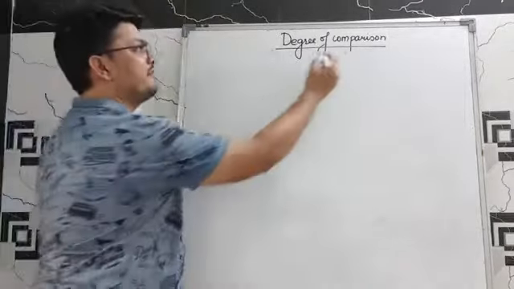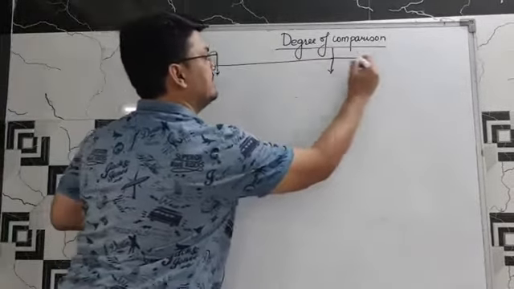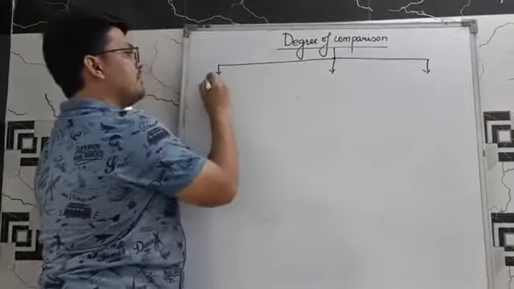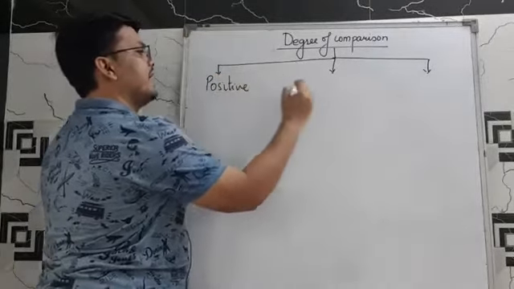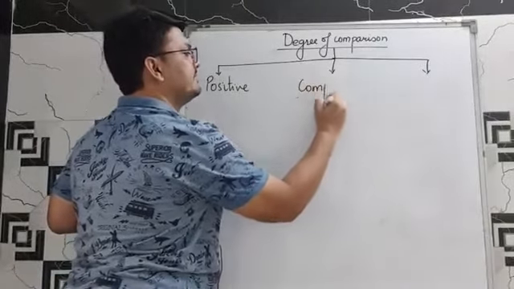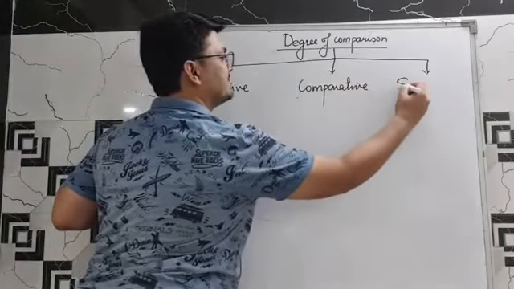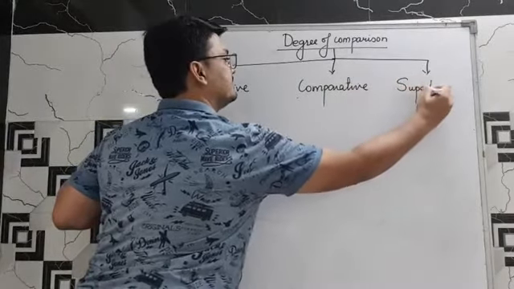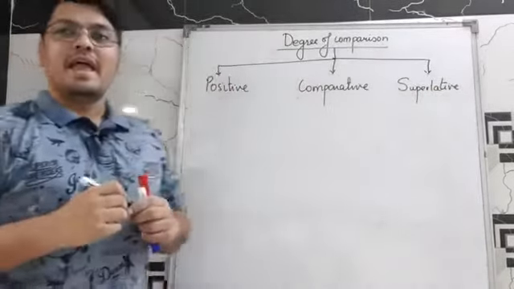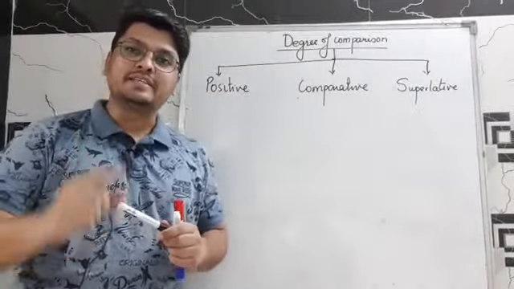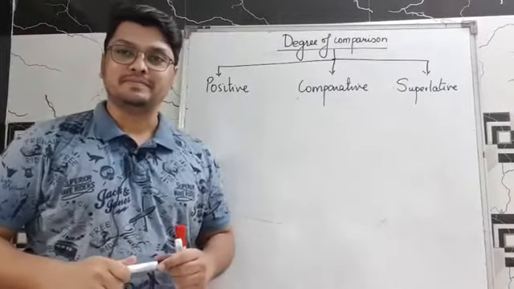So, degree of comparison, student, has three forms: positive, comparative and superlative. And superlative degree is considered as the highest degree of comparison.